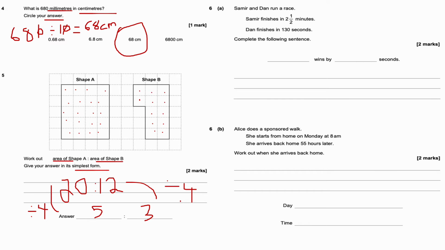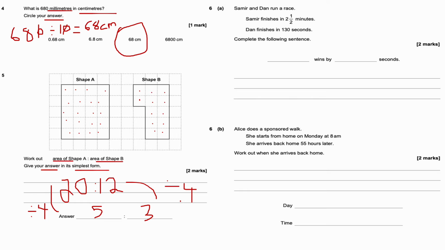When it says give your answer in its simplest form, it wants you to simplify the ratio. It's worth 2 marks because in the mark scheme, if you put the answer 20 to 12, they will only award you 1 mark. You have to answer the question, so if it's asking for simplest form, you cancel down that ratio.